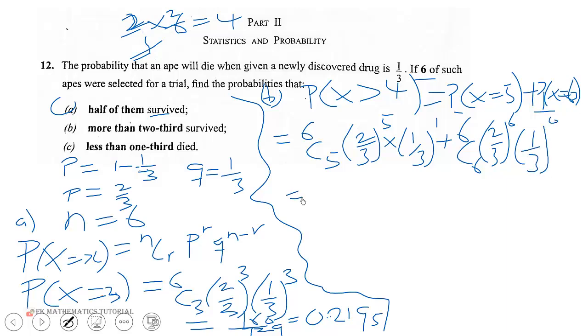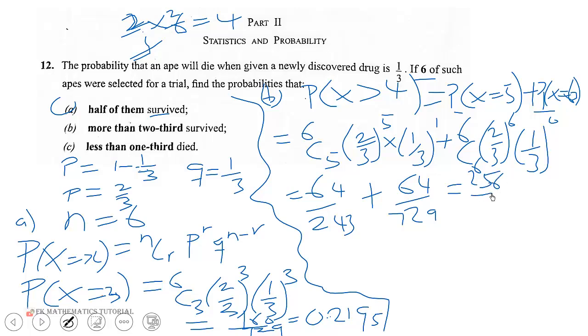So this will simplify to give us 64 over 243. Then we add it to 64 over 729, and this will be equal to 256 over 729, which is approximately 0.3512.